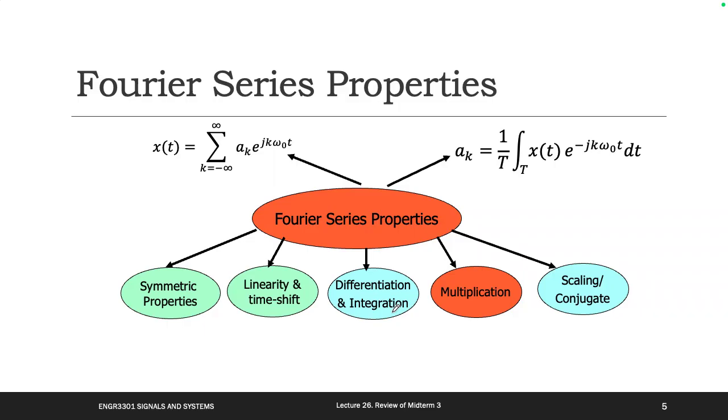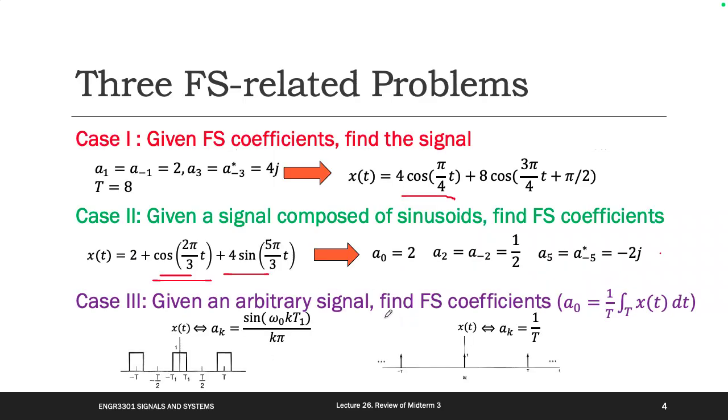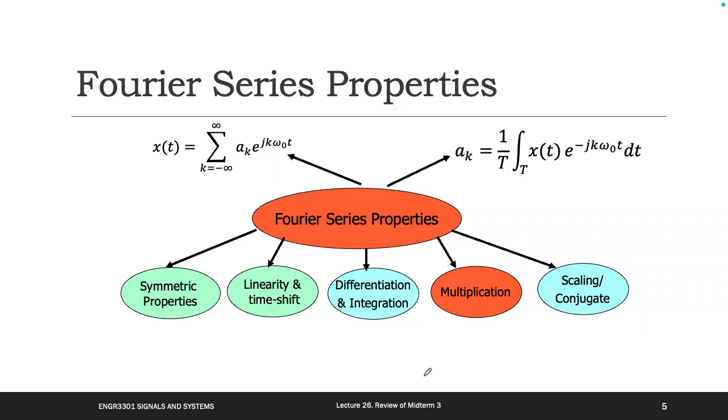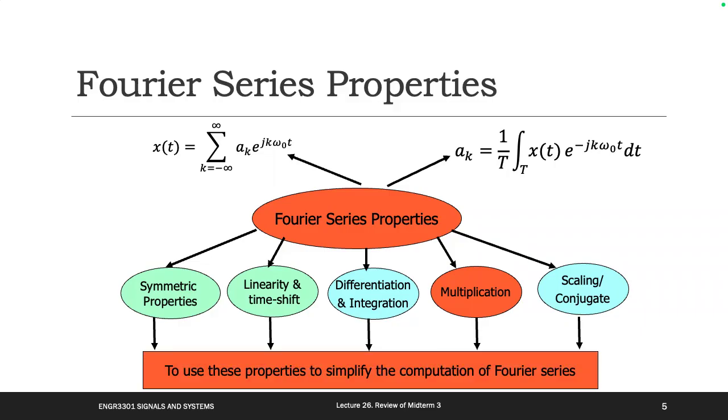Those properties help us find the FS coefficient for any arbitrary periodic signals, combined with those two very often used FS pairs. We talked about many examples. You can use all of these properties to simplify the computation of the FS coefficient. That makes sense to you?